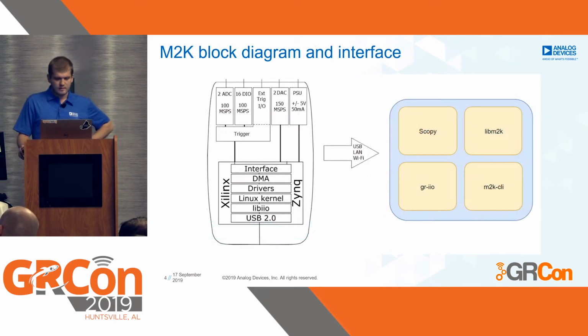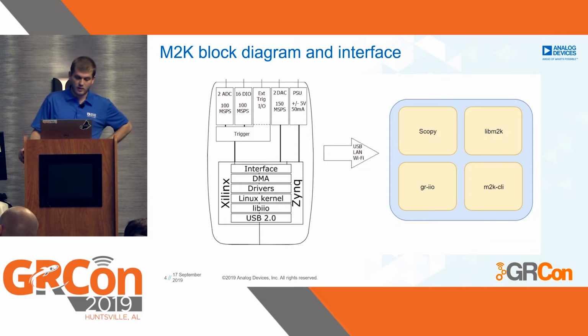So, like I said, it's based on the same infrastructure as the Pluto. So the bottom part is pretty much the same. You have USB 2.0, you have libIIO, there's Linux running on it, but the analog front end is a little different. So what are the specs of the M2K? It has a two-channel 100 megasamples per second ADC with an input range of plus minus 20 volts.